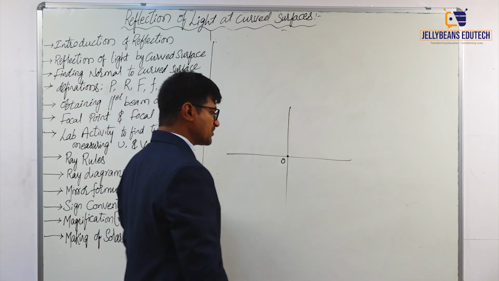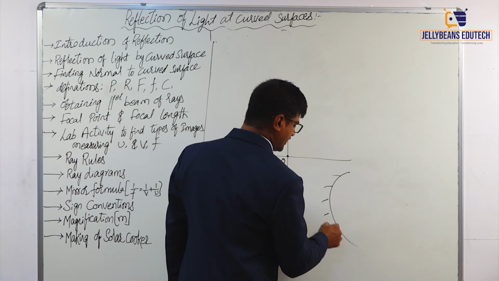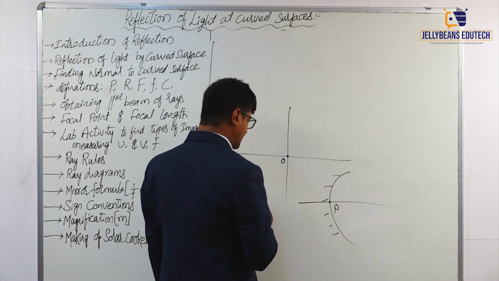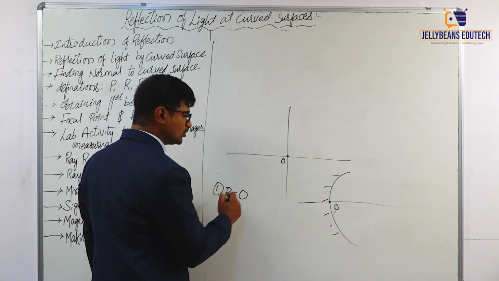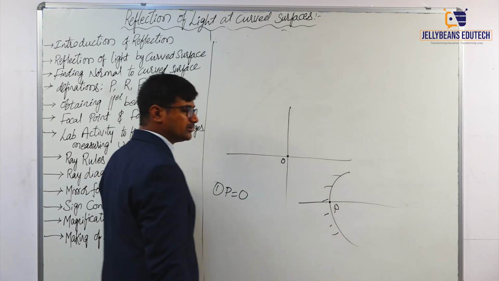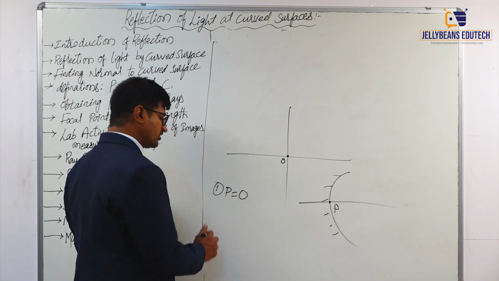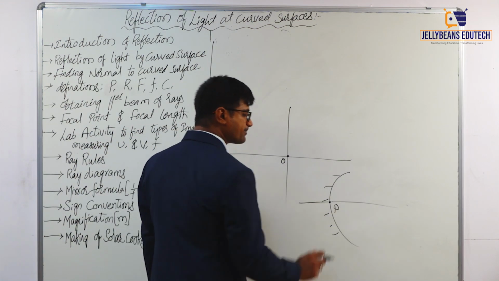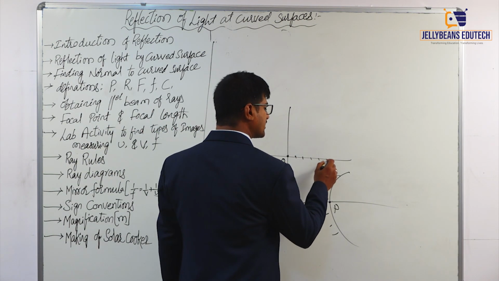In the same way, in the ray diagram we consider a point P. So the first point in the sign conventions: P is equal to O. That means the origin works like the pole, and the pole works like an origin. The second point: all the distances are calculated from P.